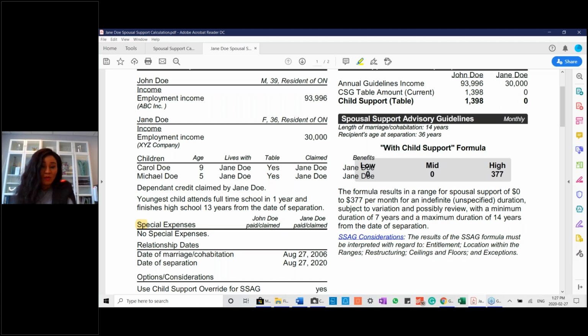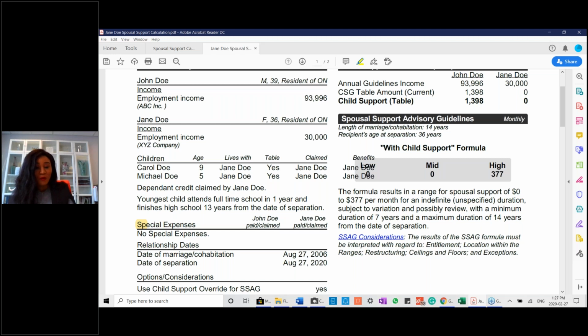If you don't take into consideration these extra expenses, like even very expensive sporting activities for children, that's a special expense. Daycare costs, that's a special expense. You need to put it in, and it needs to be factored into your support calculation. Otherwise, you would find that you're overpaying spousal support.